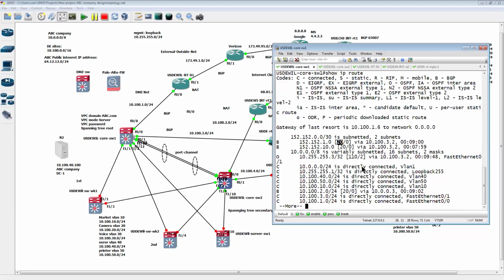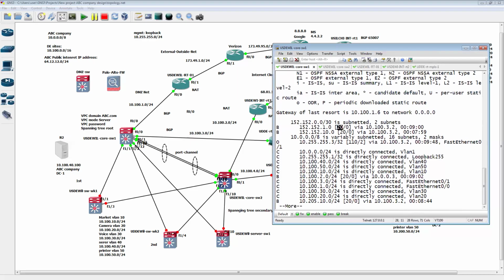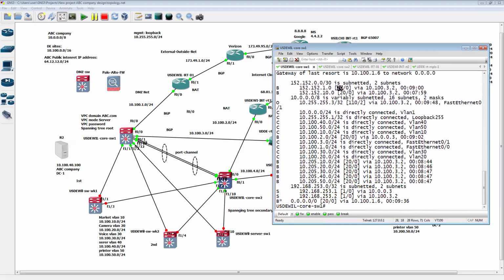Got it? So you have to be careful on that one. And static route is always 1, and direct connect is always 0. So you have to understand the AD, that is the metric on the routing, which decides who is going to be picked first.